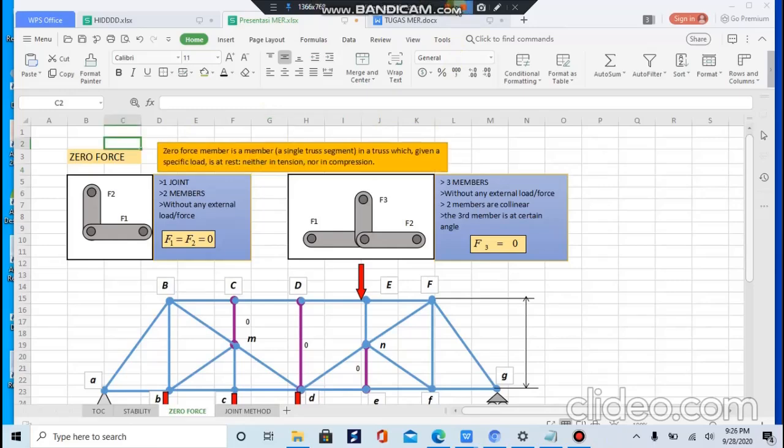Zero force. In engineering mechanics, a zero force member is a single truss segment in a truss which, given a specific load, is at rest. Neither is it in tension nor in compression.